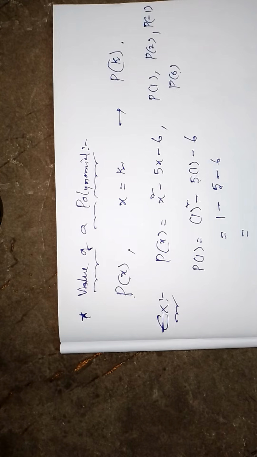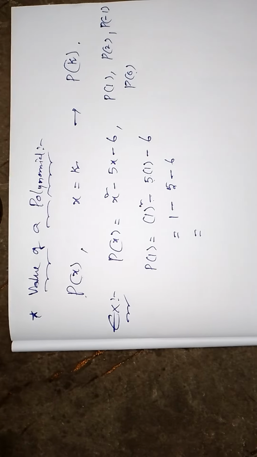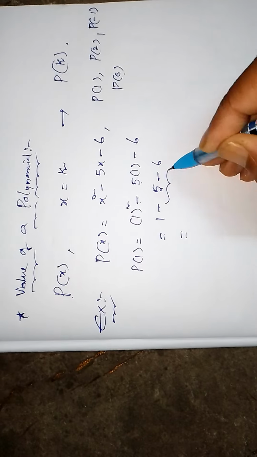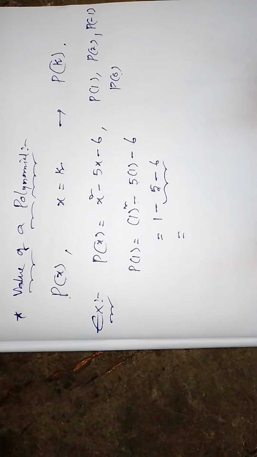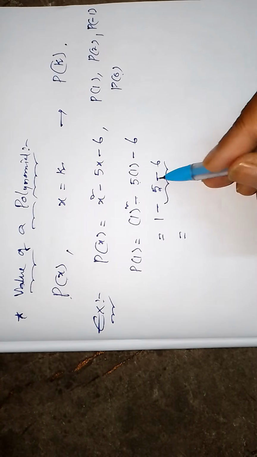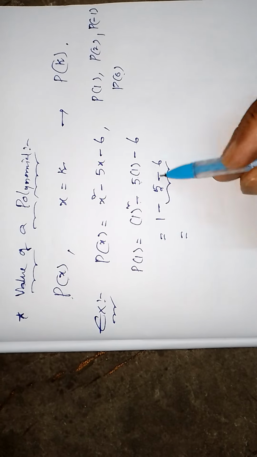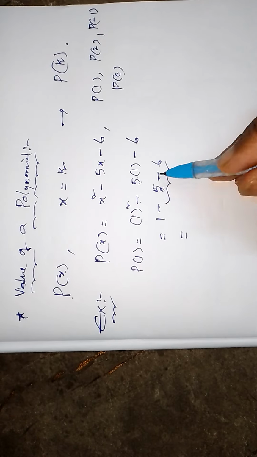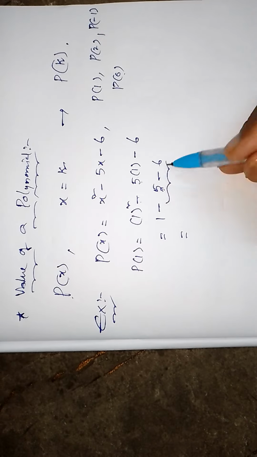Now in this numerical expression, these two values have the same sign, and in between there is no multiplication sign or division sign, so we should not multiply or divide.